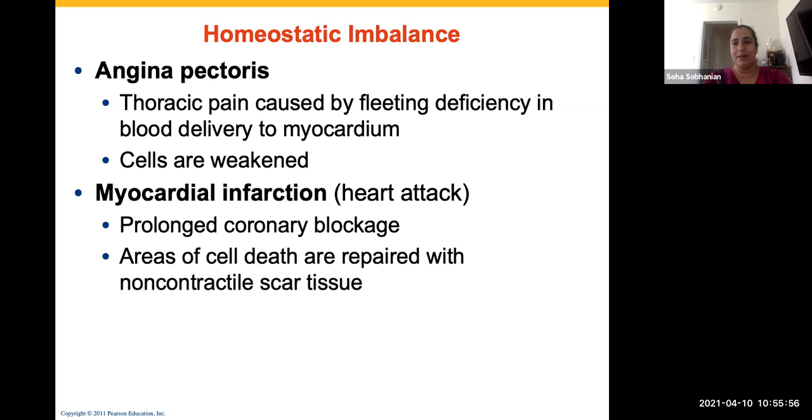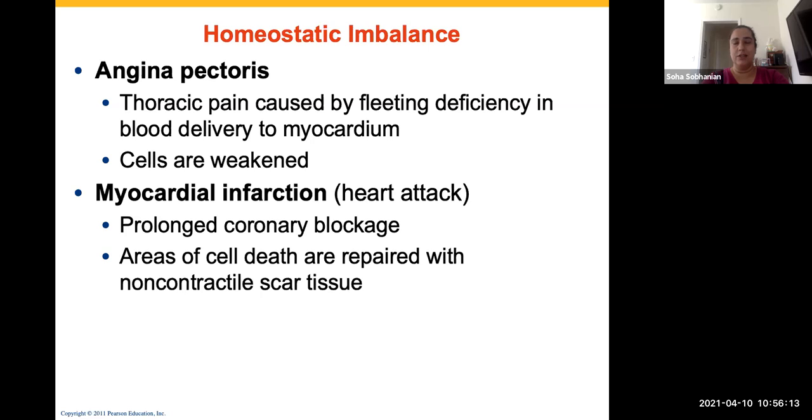Now, one last thing that I want to mention is treatments for preventing or dealing with heart attack. There are two things actually.